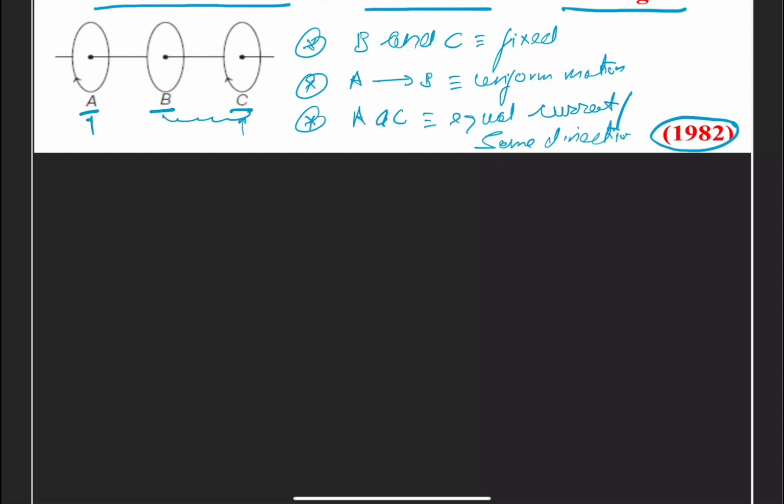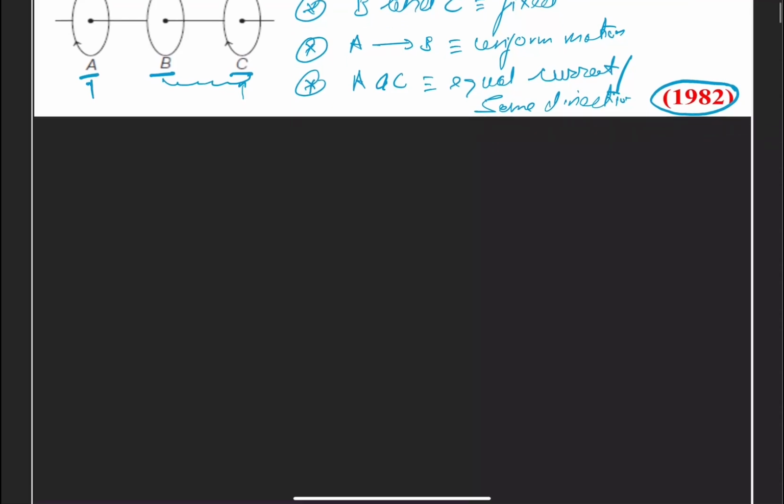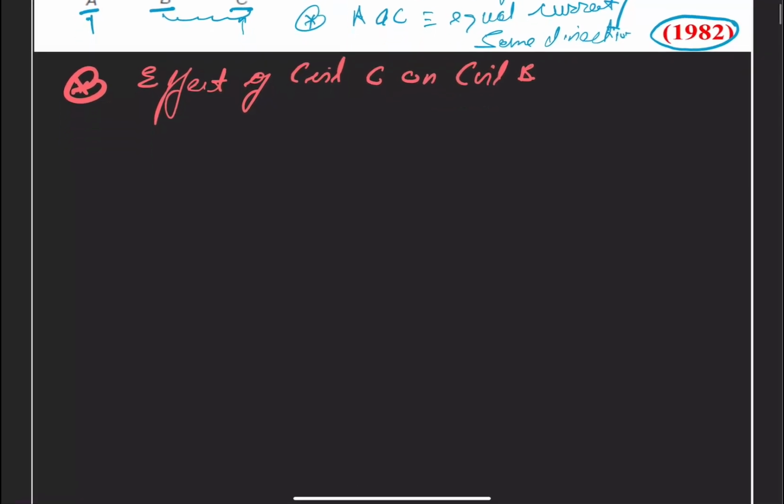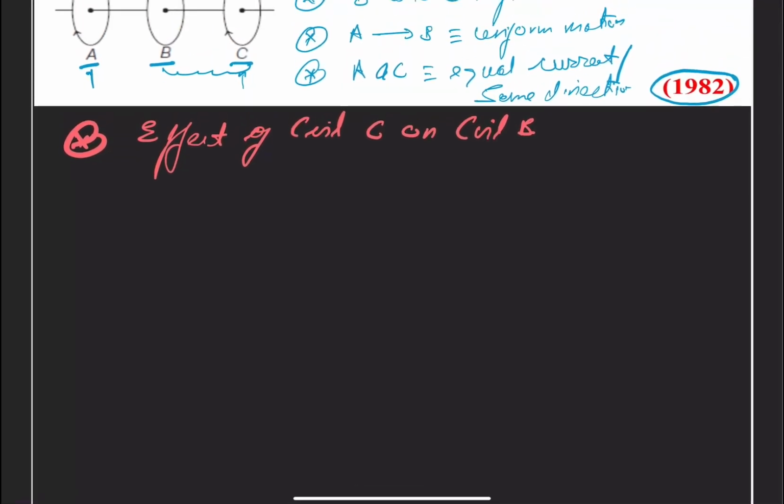So let us first of all see the effect of coil C on coil B. Here effect of coil means basically effect of the current and the motion of their respective coils.